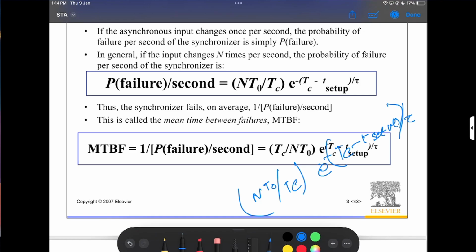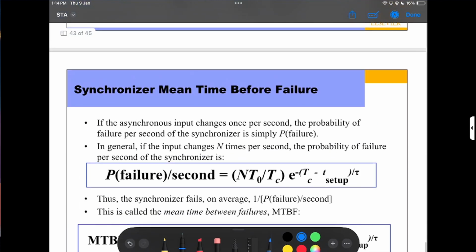So basically it is nothing but Tc by n T naught, e to the power (Tc minus T setup) by tau.